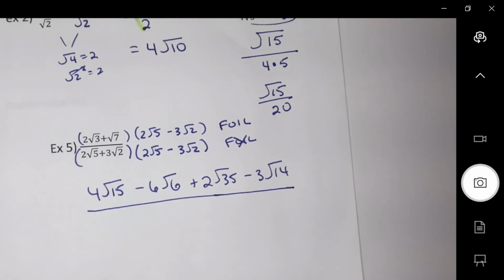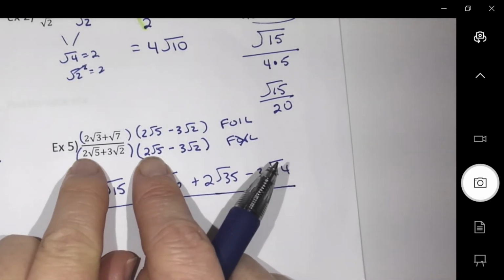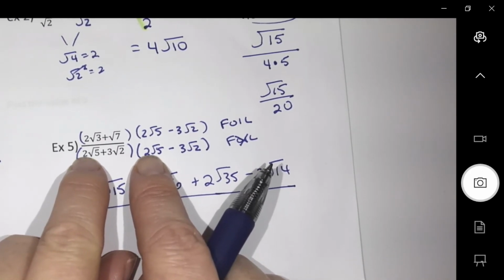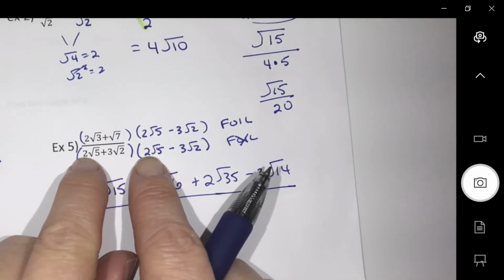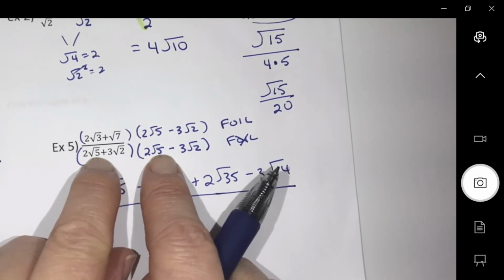Okay, the bottom, we get to FLE it. We're going to cheat. So here we go. First times first. Out front would be a 4. And then root 5, root 5.